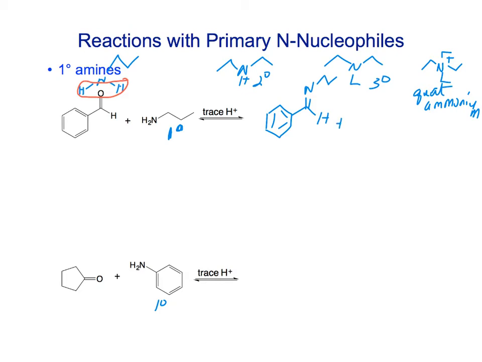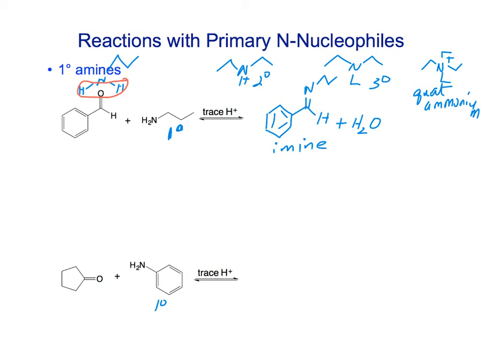And we lose a water molecule. Okay? This type of product is called an imine. And imines are important in biology. For example, you can look in the book, it has this too.